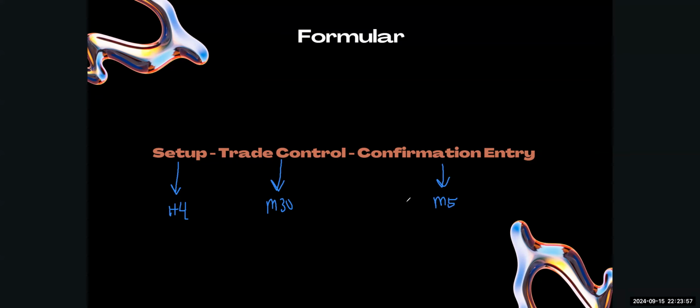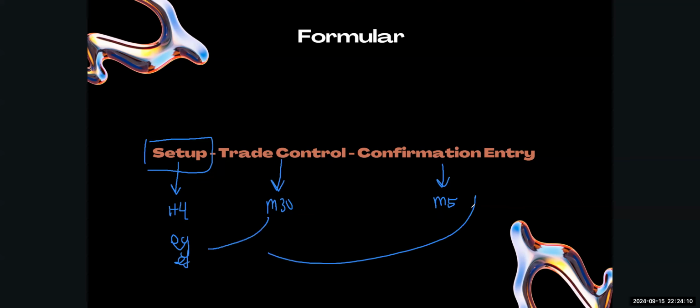So let me explain one by one. Again, I'm just going to clarify: it's EG or EF. H4 looks for EG or EF, M30 looks for EG or EF, and the 5 minute looks for EG or EF. If you want to make sure your setup, which is your 4-hour time frame, whether you have an EG buy or an engulfing fail for buy, the zone is just going to be a zone.